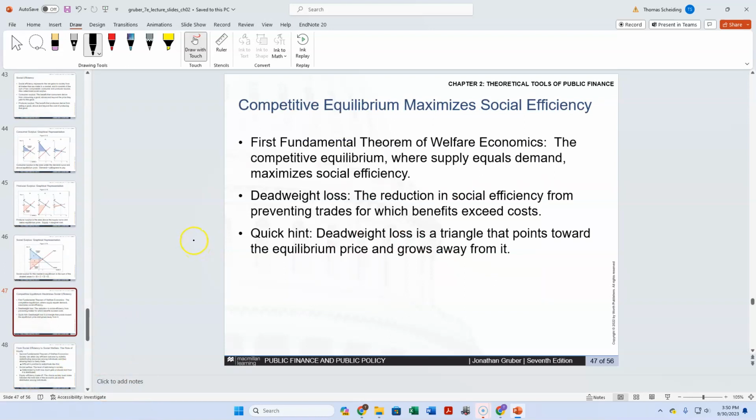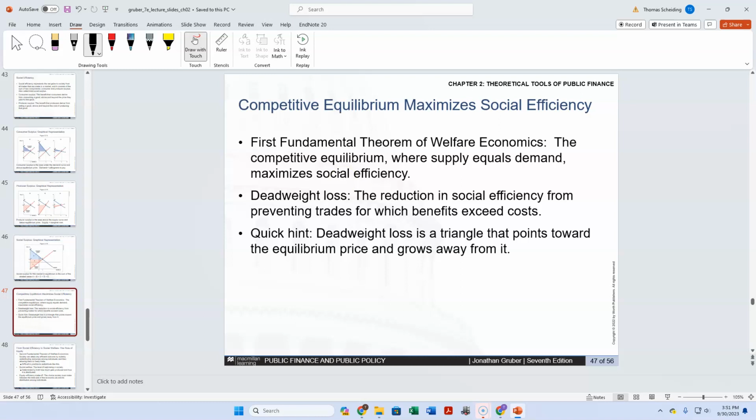It leads us to the first fundamental theorem of welfare economics, which from the term alone should make you think that the term is important or the definition is important. What the first fundamental theorem states is that when we're at equilibrium, we are at maximized total surplus, total social efficiency.